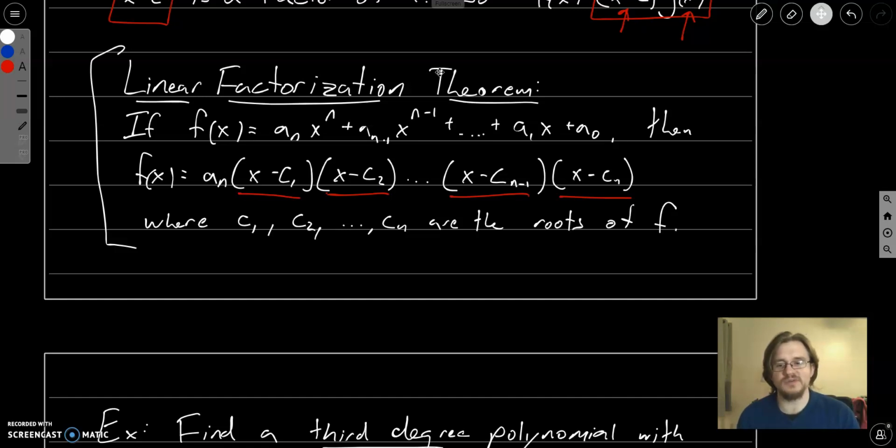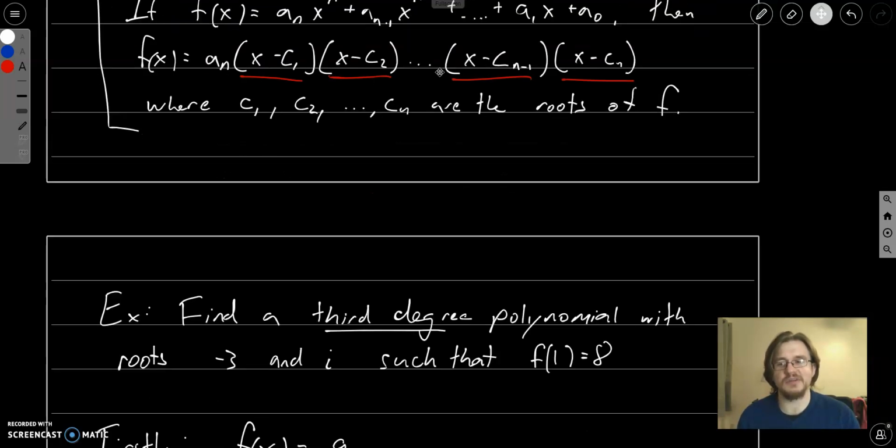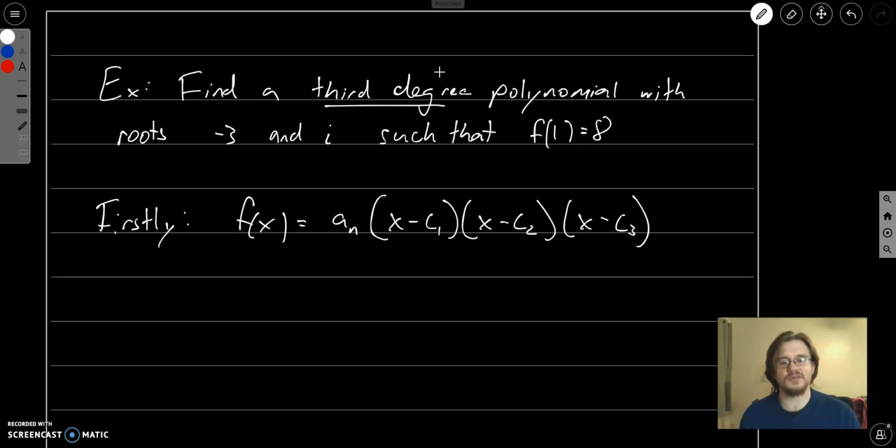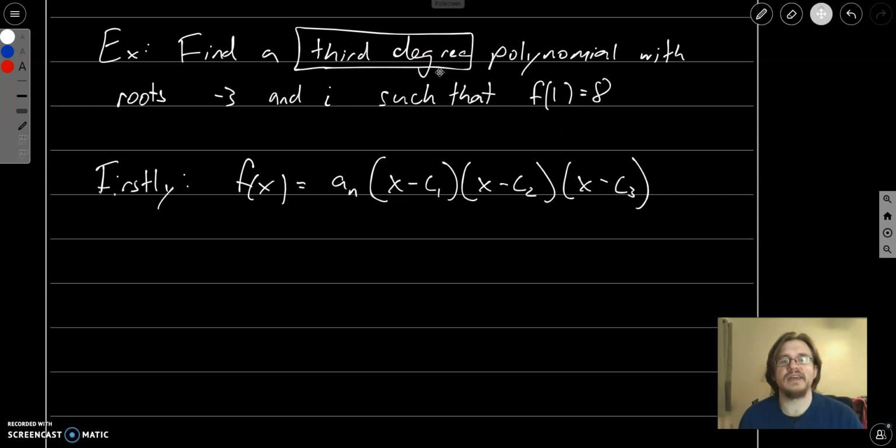If there's 3 roots, I know that there's going to be 3 factors: x minus the first root, x minus the second root, and x minus the third root. So far, so good. I haven't used anything more than the fact that this is a third degree polynomial. If it's a third degree polynomial, I know that it will have 3 roots, so it has these 3 factors. Okay, so second, what are the roots?